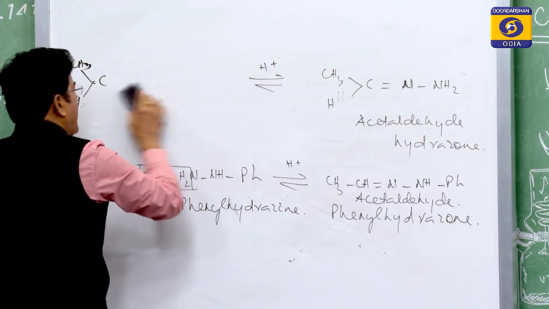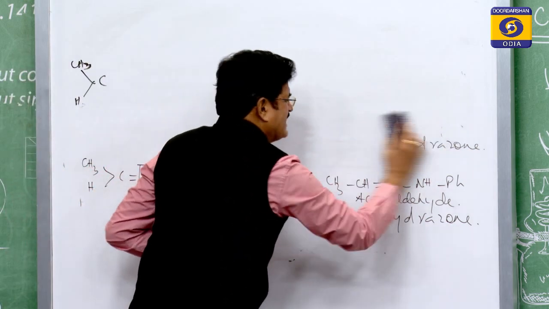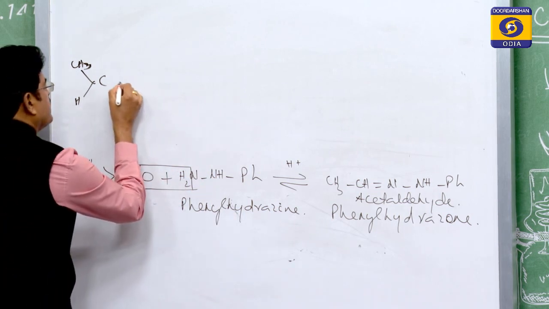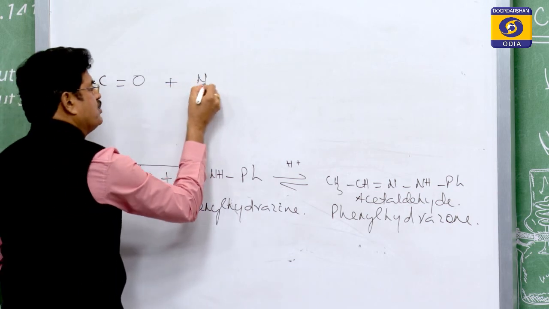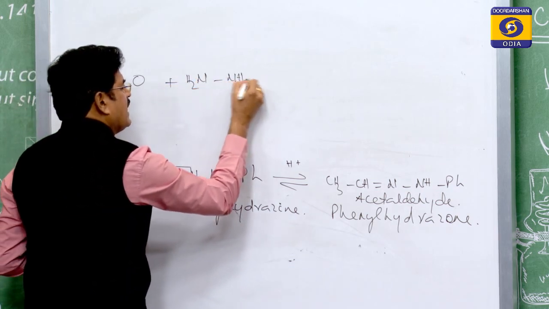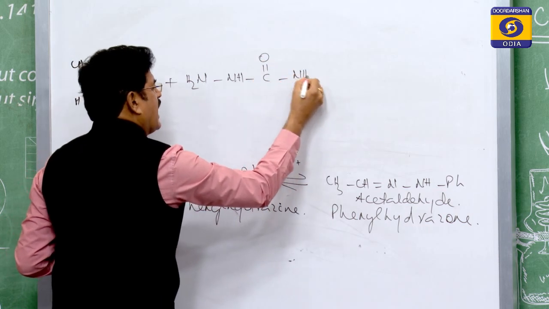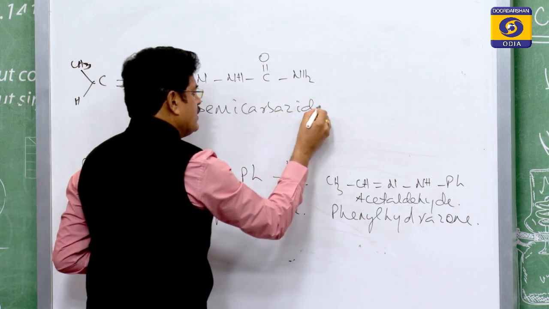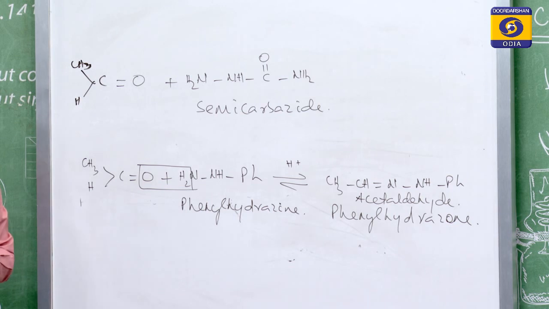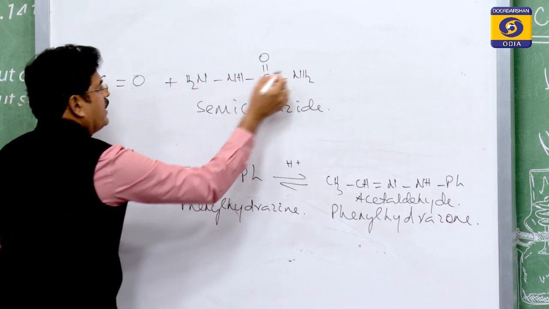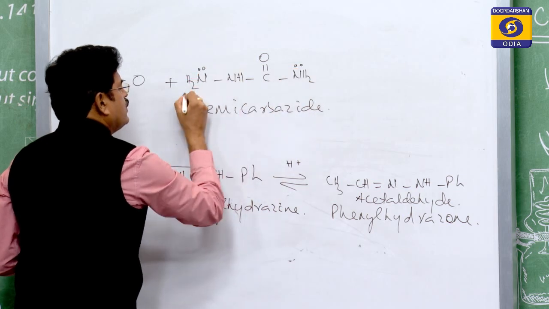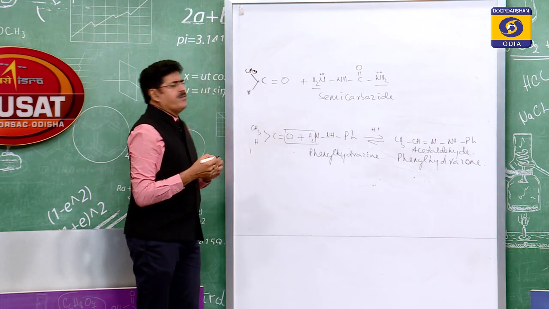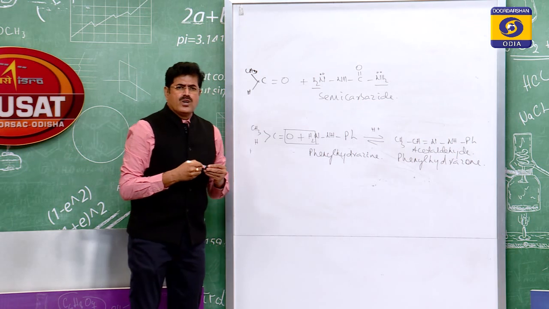Next addition, addition of semicarbazide. This is acetaldehyde and I am using semicarbazide. See the semicarbazide. It has got two NH2 groups, but I am using this NH2 as the nucleophile for the addition reaction. Why am I using this NH2?